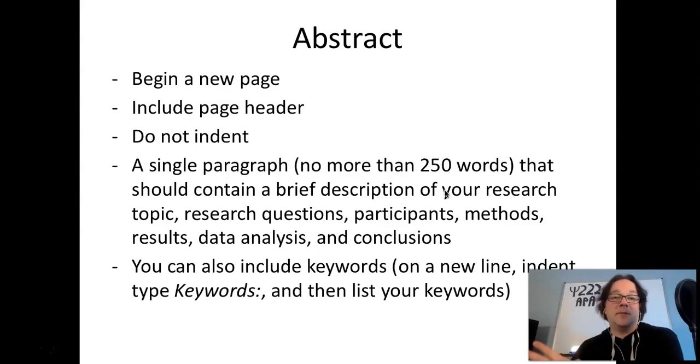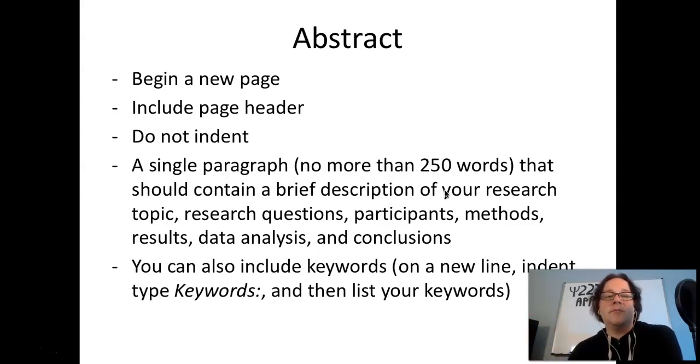We'll see an example of that in a minute here. But the page header goes in the header of the paper. And again, it's used as a way to kind of keep track of the article, or the title of the article, as we're reading through it.